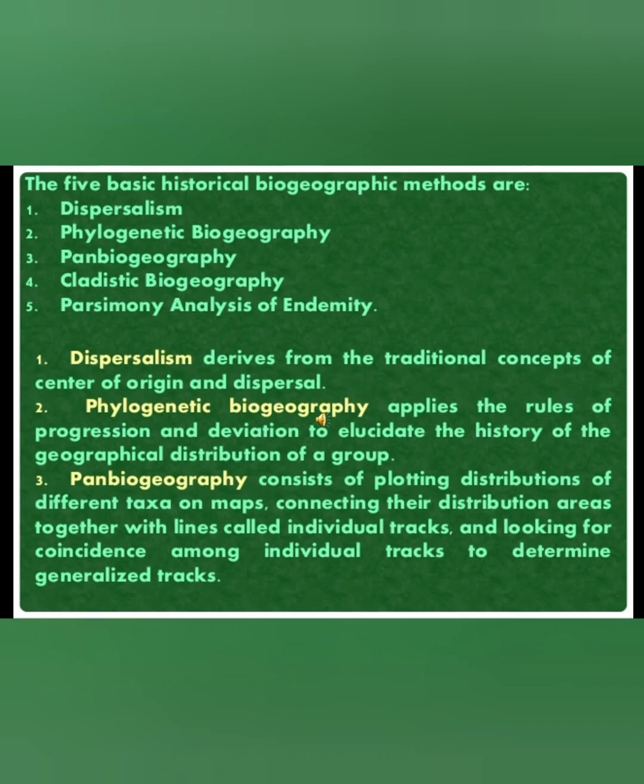The 5 basic historical biogeographic methods are: number 1, dispersalism; number 2, phylogenetic biogeography; number 3, panbiogeography; number 4, cladistic biogeography; number 5, parsimony analysis of endemicity.